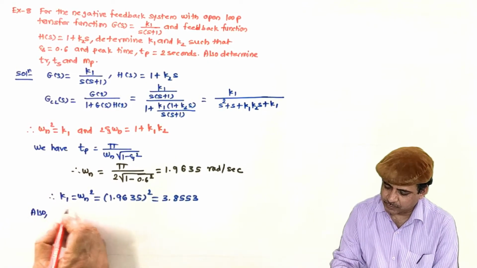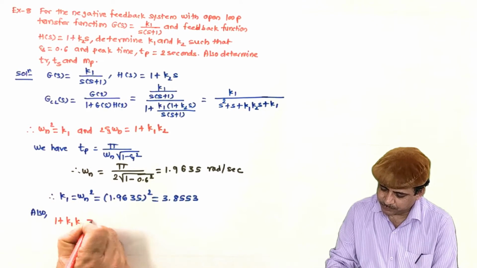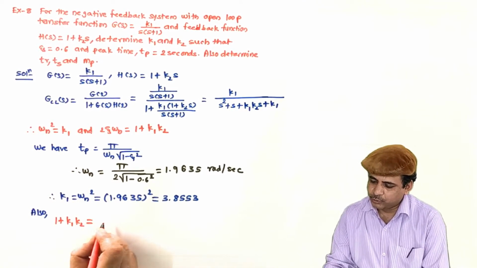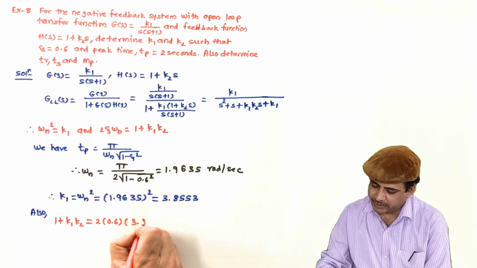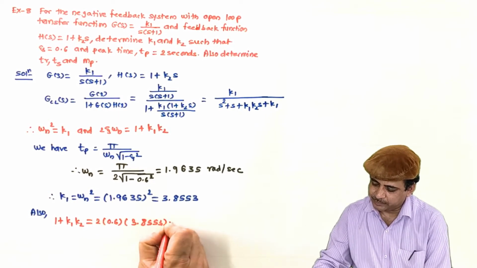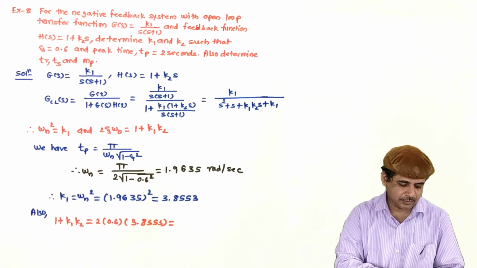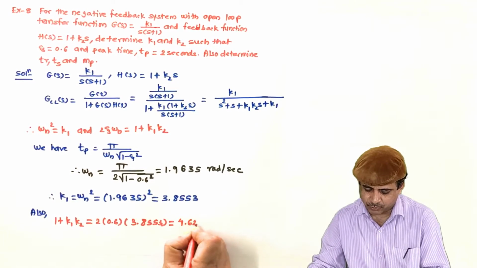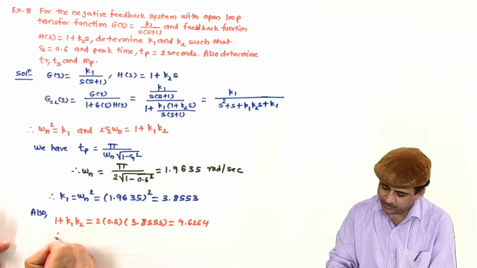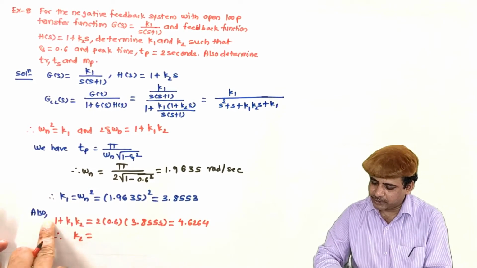Also, 1 plus K1 K2 is equal to 2 into 0.6 into 3.8553, that is 4.6264, and that means K2 is equal to this minus 1 divided by K1.